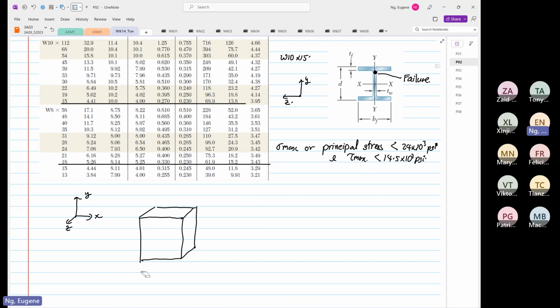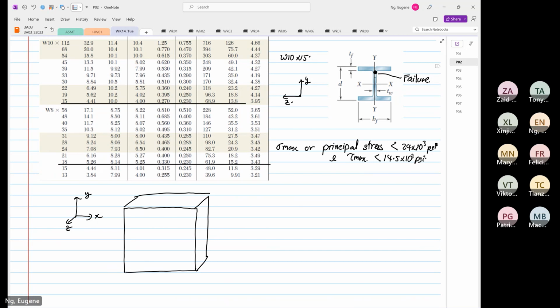Okay, it's not so obvious. Hold on. Which is the in plane. And I want you to pay close attention. This surface over here is this surface over here.